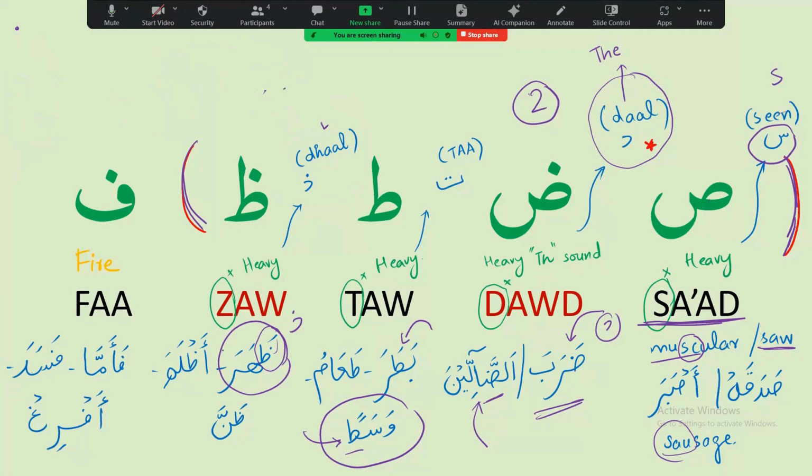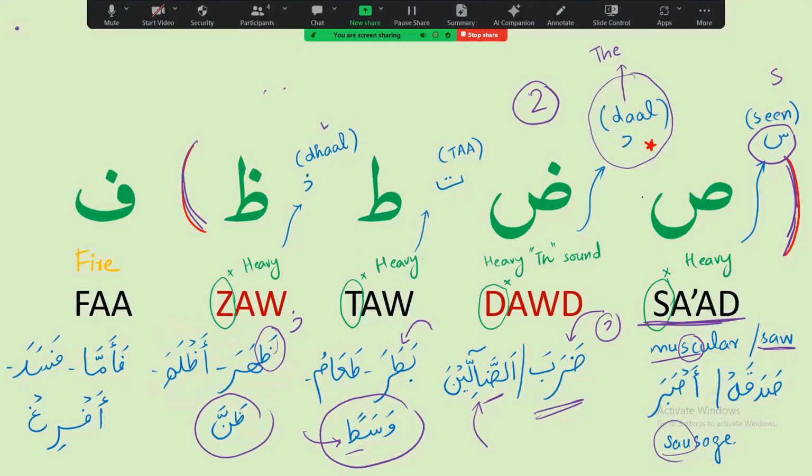The second example is azlam. And the third example for today is zann. Okay, so the first one was zahr, the second one is azlam, and the third one is zann.